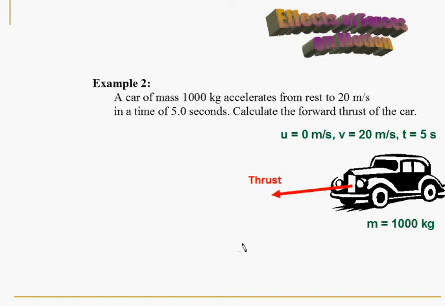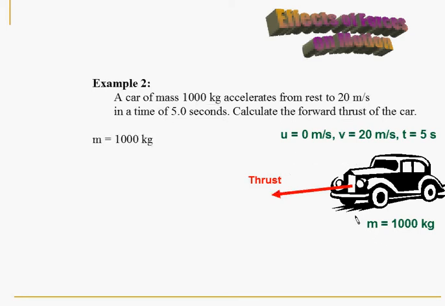Okay, another example. You have a car, the mass is 1000 kg, accelerates from rest to 20 meter per second in a time of 5 seconds. What is the forward thrust of the car? Now this forward thrust essentially is a type of force. Alright, so let's see how we tackle this question.